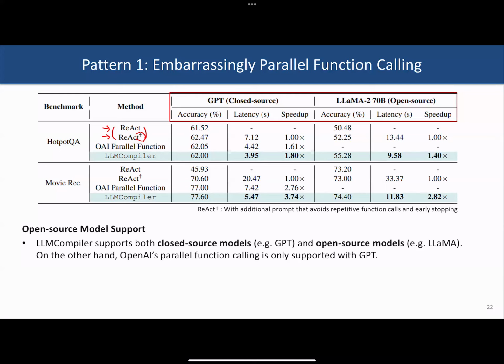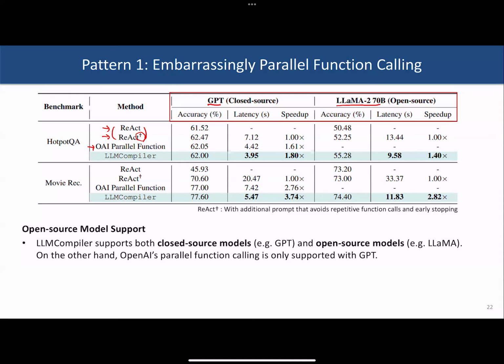Another baseline that we have chosen is OpenAI's parallel function calling, which was announced at OpenAI Dev Day a couple of weeks before we published our paper. Those are the baselines that we compared our method against. We applied LLMCompiler in conjunction with GPT as a closed source model, but we also used it with Llama 2 70 billion as an open source model.